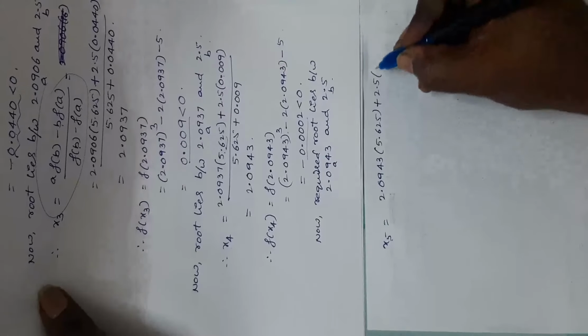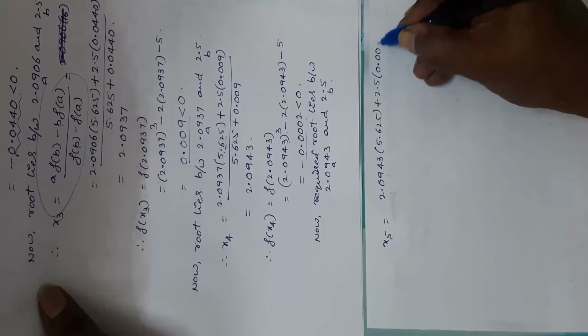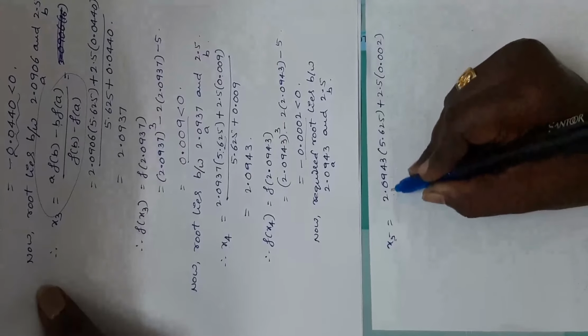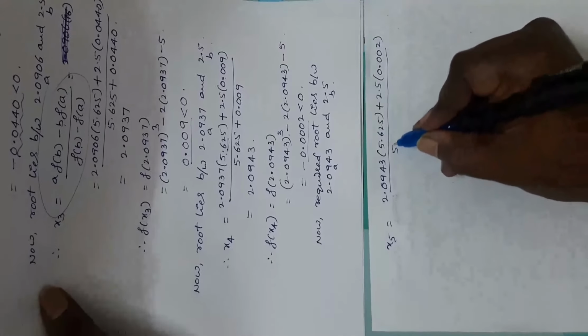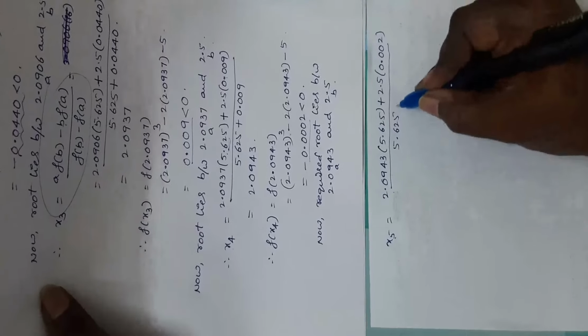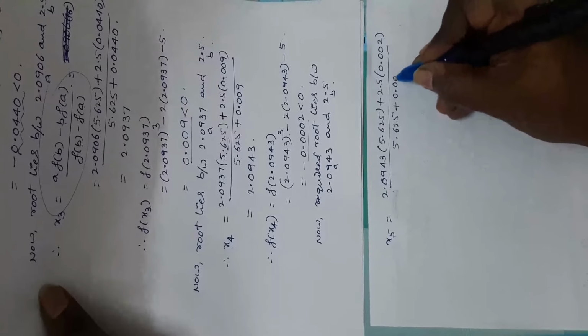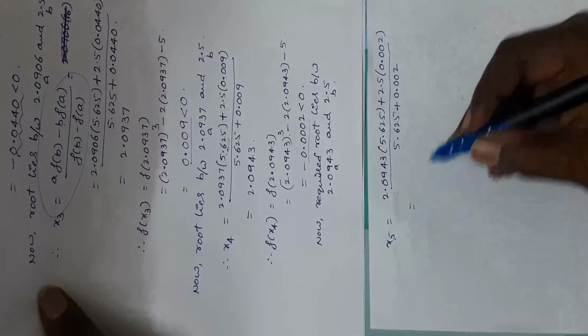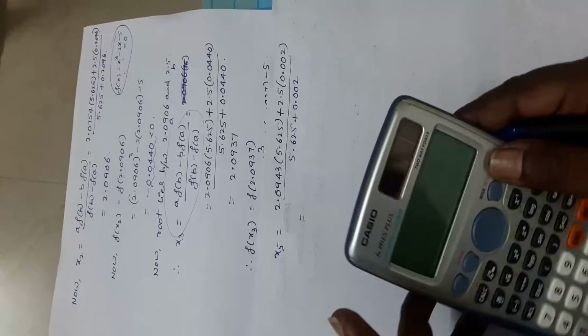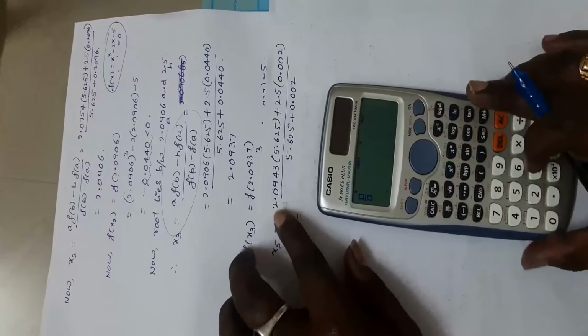Already we have here minus the B value, 2.5, and the recent negative value is this one. So minus of minus, plus 0.0002, over 5.625 minus of minus, plus 0.0002. Again we have to calculate this one. See, open the bracket.